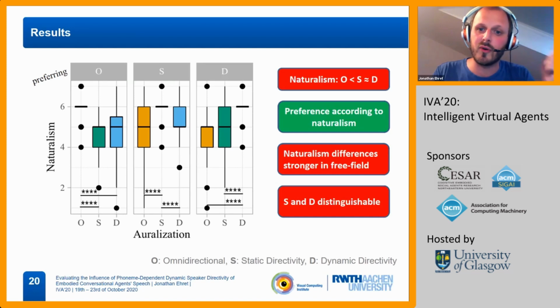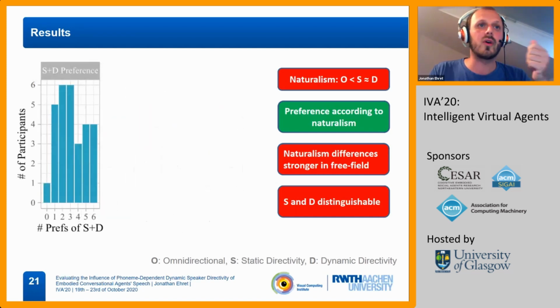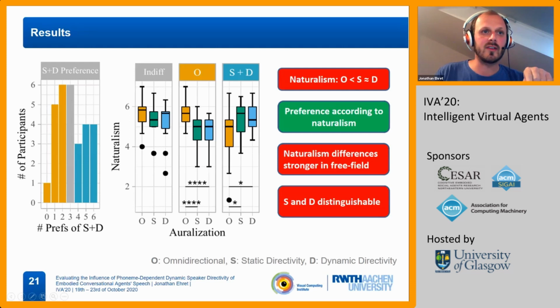And looking at that preference in more detail, we also looked at how often, so there were 6 trials in total, participants preferred static or dynamic directivities, versus omnidirectional. So in this case here, there were 4 participants who always preferred the directional sound, and there were 5 participants who 5 of 6 times preferred the omnidirectional sound.